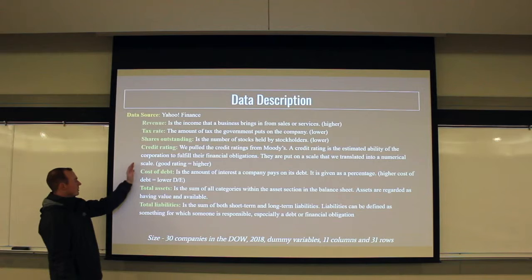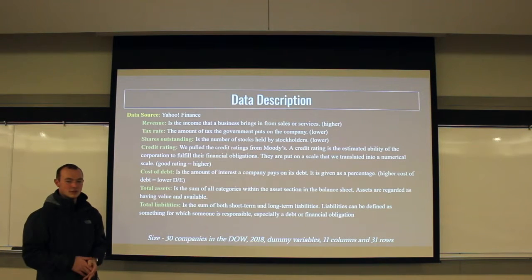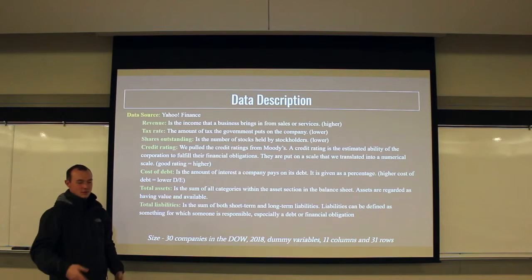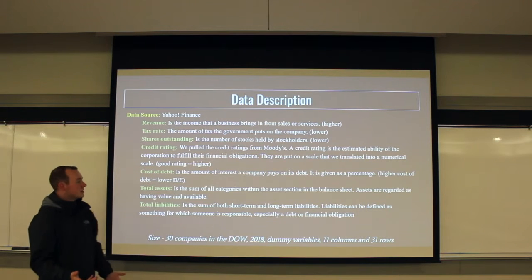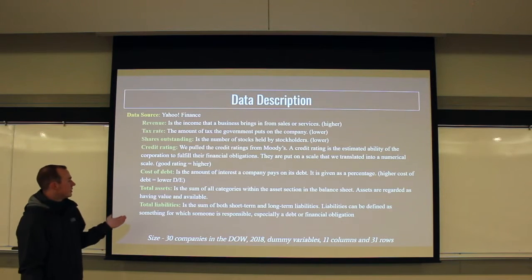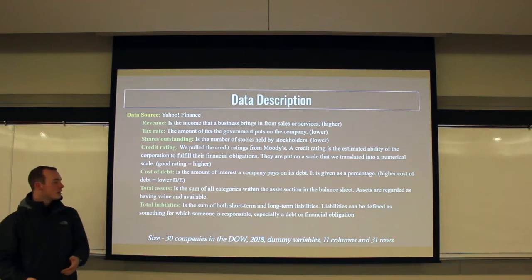The fourth variable is credit rating. Credit rating we retrieved from Moody's, which is, as explained before, one of the 3 largest credit rating companies. The credit rating is essentially the estimated ability of the corporation to fulfill their financial obligations.